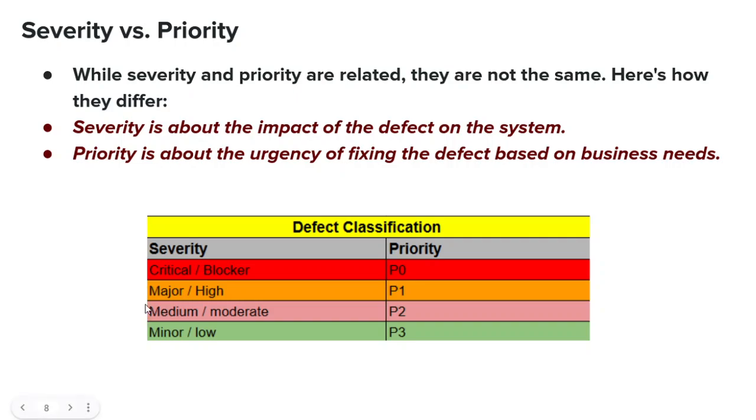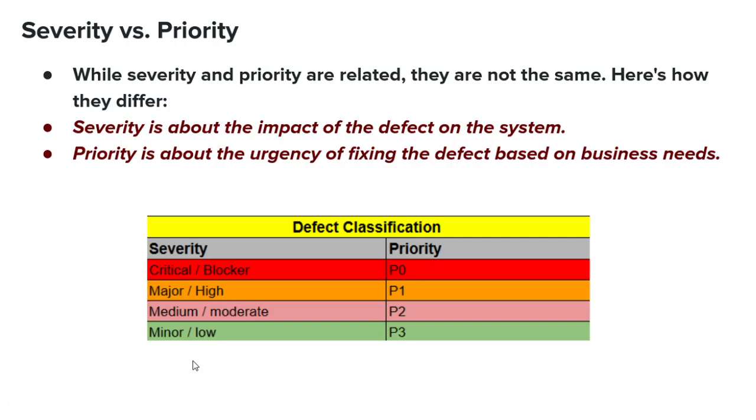In severity, we have seen critical and blocker, major, medium, minor. In priority, we have seen P0, P1, P2 and P3. Again, this terminology might vary depending on the organization, but most of the times, these are the terms which are followed. So that is about severity and priority.